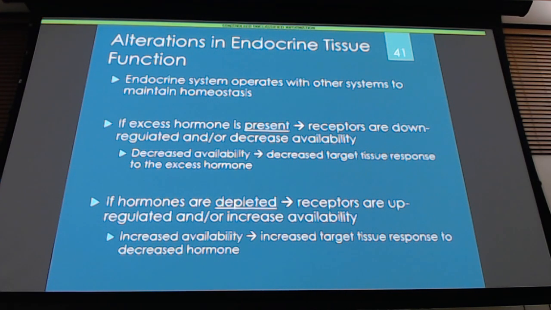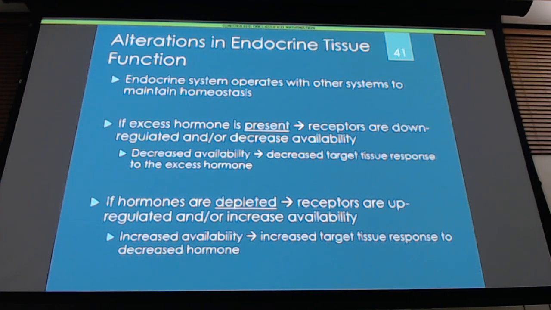This slide, you don't necessarily need to memorize it all. Just know you have the negative feedback loop, but there's more the body is doing to help support and maintain homeostasis, specifically the receptor availability, okay? If there's excess hormone, so too much T4 and T3, too much thyroid hormone, receptors are going to downregulate.